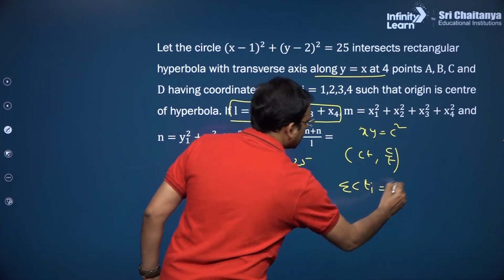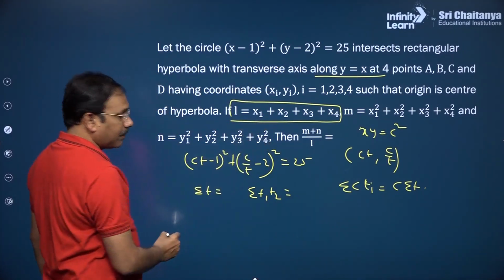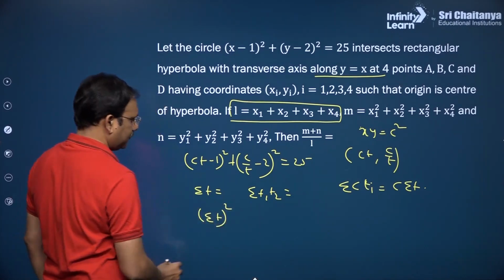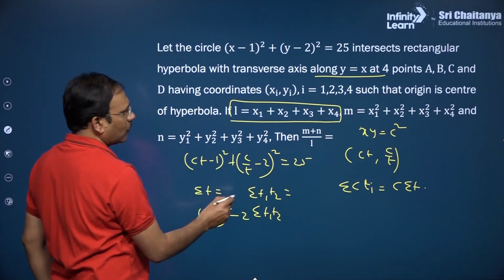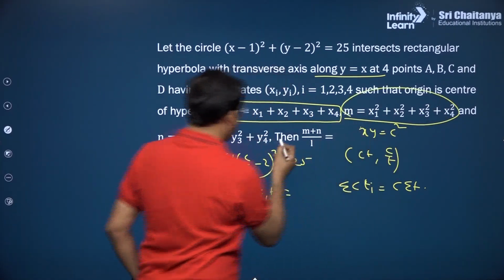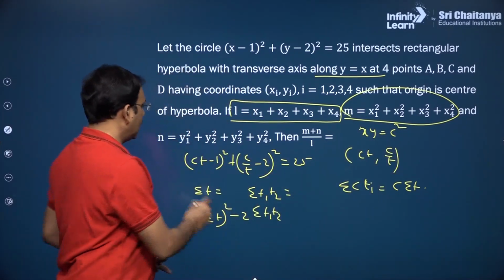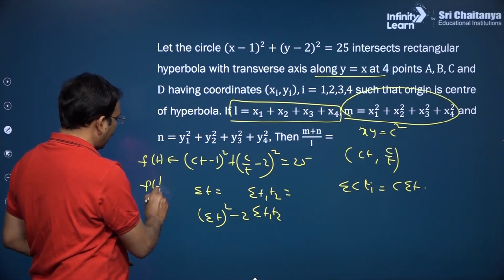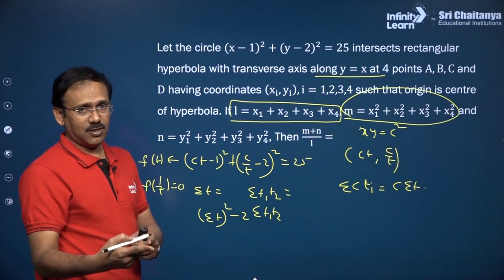Which is c into sigma t, so you can find the L value. You can find m like this: sigma t whole square minus 2 sigma t1 t2, if you apply, you are going to get the m value. Since y1 is nothing but c by t1 square, c by t2 square, if the equation that you got is f of t, you just find f of 1 by t equal to 0, whose roots will be 1 by t1, 1 by t2, 1 by t3 and so on.